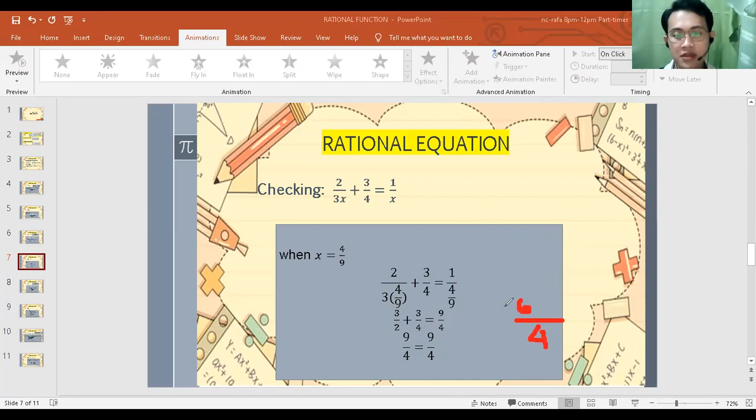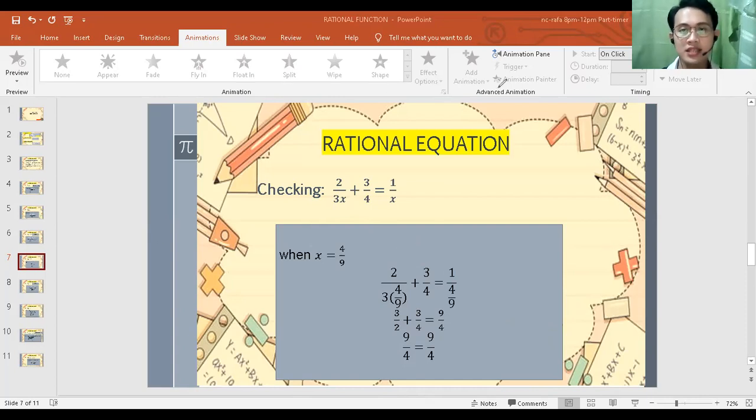Then 4 divided by 4 is 1, times 3 is 3. So 6 plus 3 is equal to 9. So it's 9 over 4 here. That explains the left side. And in our right side, it's 9 over 4 already. Then 9 over 4 is equal to 9 over 4. That's basically the correct answer. There, x is equal to 4 over 9 is correct.